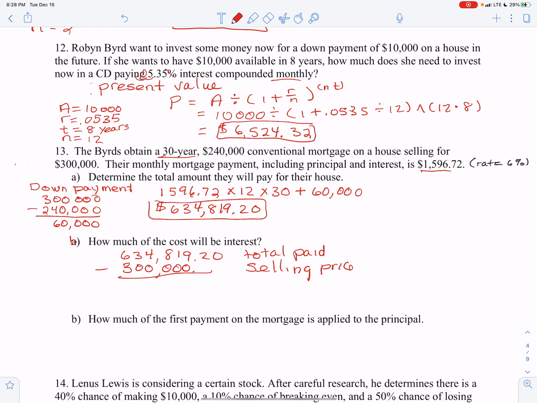So that difference would be interest. So $330,819.20. That's interest. That's just the fee for using that money.